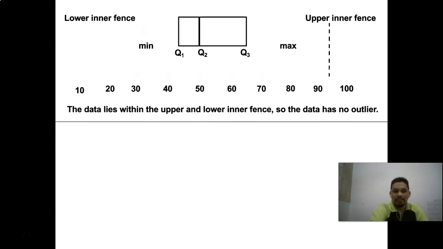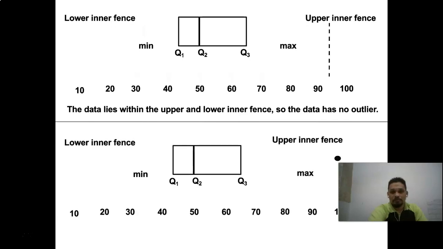Outlier means that the data might be separate from other data.